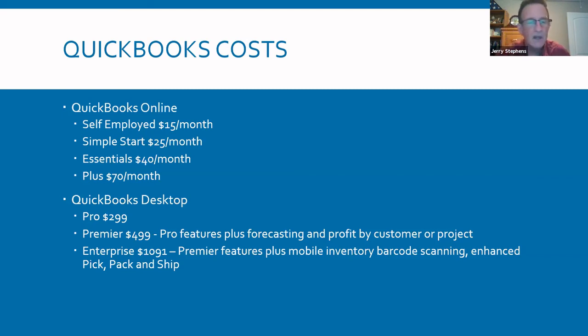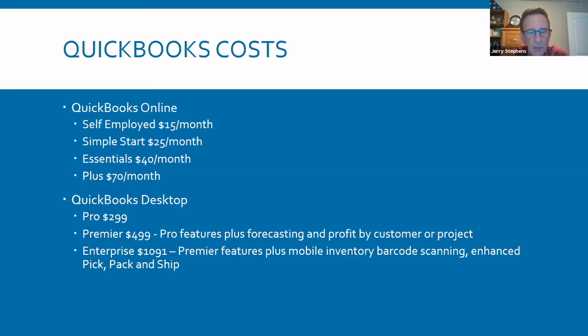On the desktop side, they have a Pro version, which is a $299 purchase price. Premier is $499, which is the Pro version, but it also gives you some forecasting and profitability calculations and reporting by customer or project.